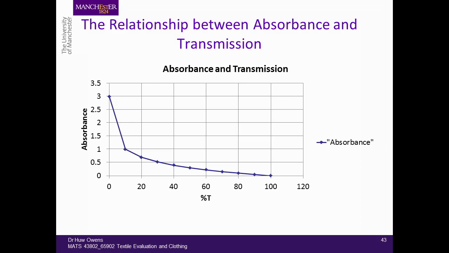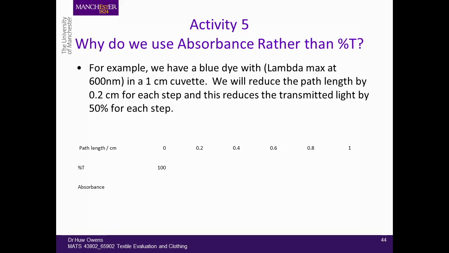So this is percent transmission or transmittance against absorbance. That's fine, and we could probably just use that relationship if we wanted to try to predict how much absorbance we'd get from a particular transmission. But why do we use absorbance rather than transmittance?